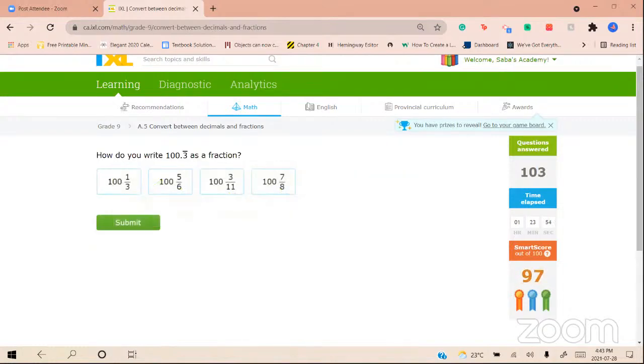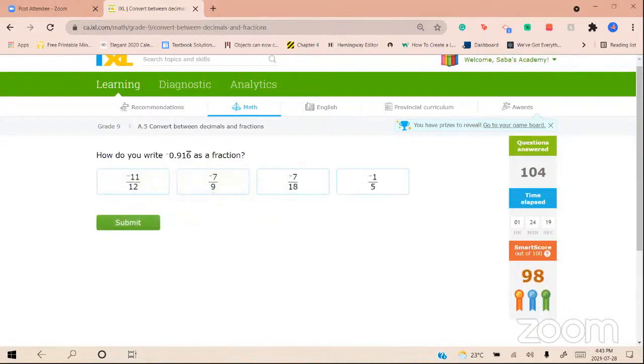And how would you write 0.333 as a fraction? This is going to take me like 1 minute. Just give me 1 minute. The first one. Very good.